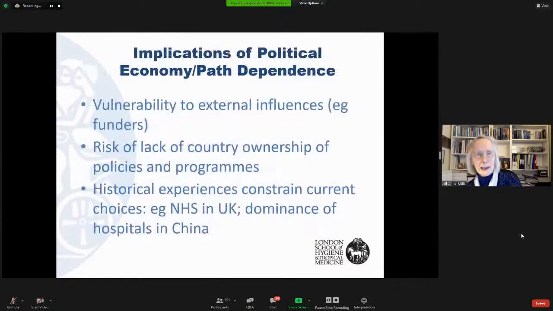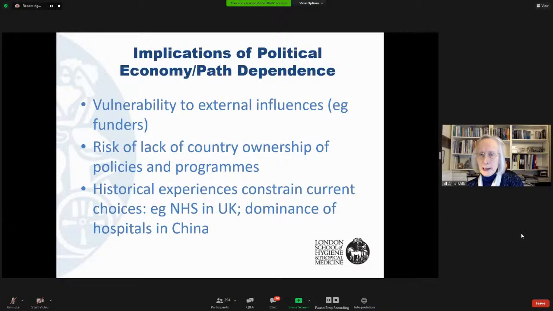And then finally, issues of political economy, path dependence. I don't have a lot of time to go into those, but clearly each country will have its own layout of different interests and stakeholders within the health system. There may be external influences that give rise to a certain lack of country ownership of policies that may be implemented.